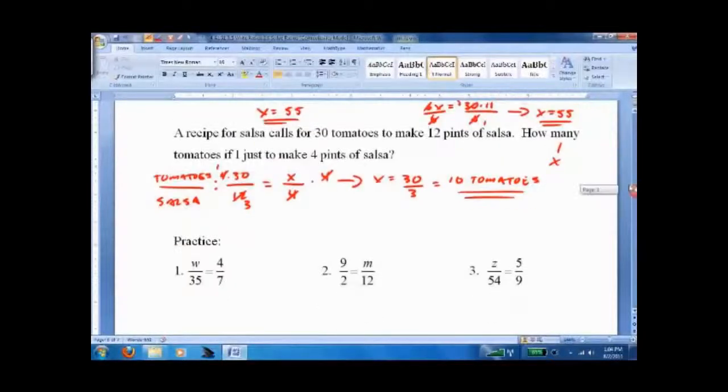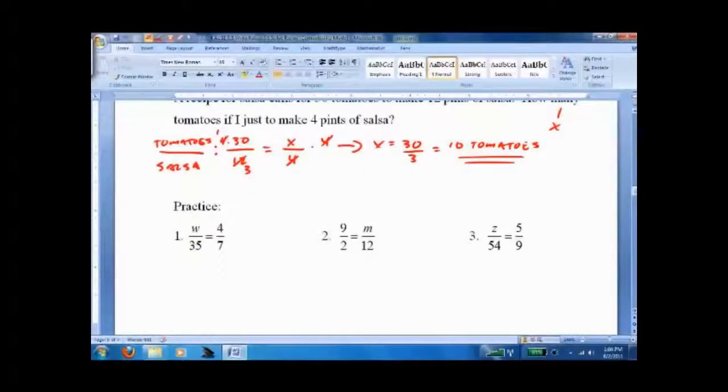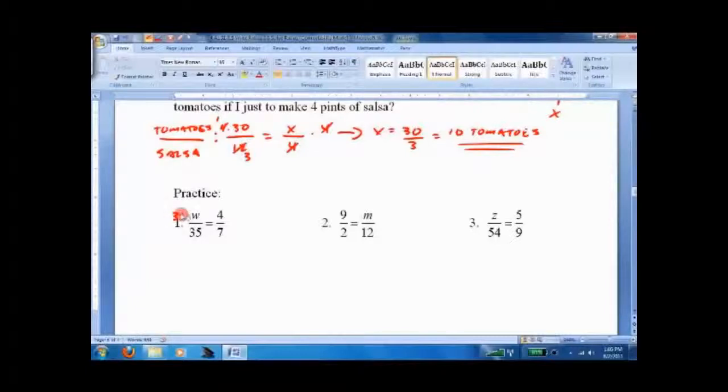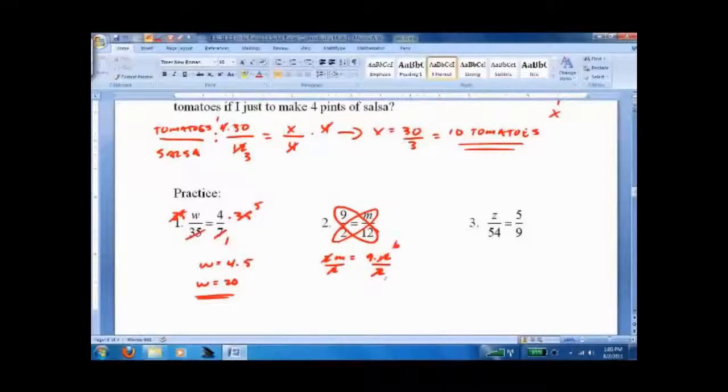Piece of cake. So I'll mix it up down here. Do it a few different ways. This one I'll multiply by 35, by 35. Cancel 1 and 5. W equals 4 times 5. W equals 20. Here I'm going to cross multiply just to mix it up, even though I don't think it's the simplest way to do it. 2m equals 9 times 12. Divide by 2, divide by 2. 6 and 1.